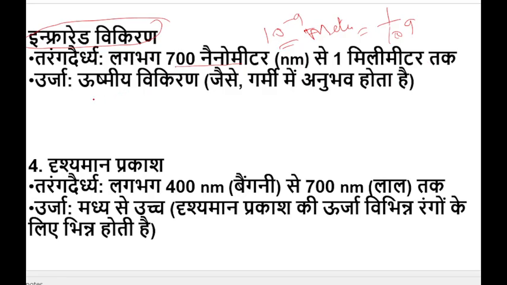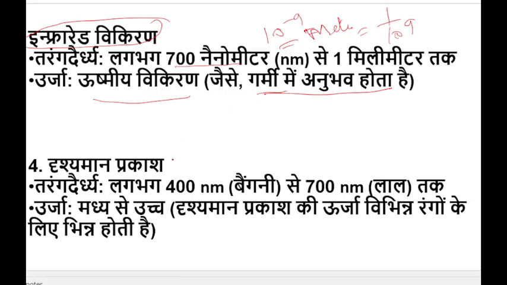As you know, a nanometer is 10 to the power minus 9 meter, or you can say 1 upon 10 to the power 9 meter. Its energy is less compared to visible light, and it is being used where we feel heat, due to the infrared.